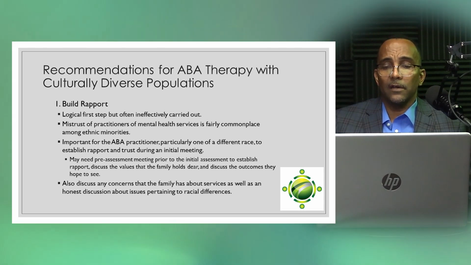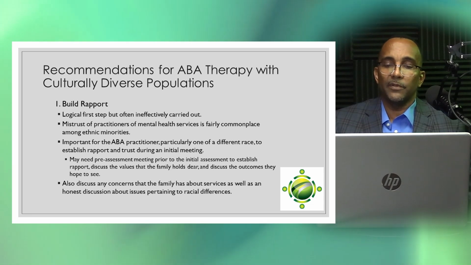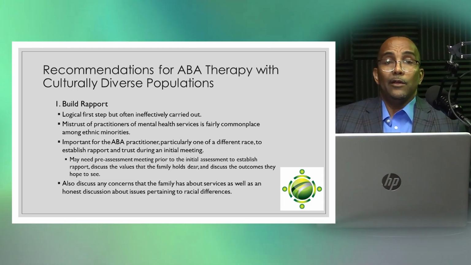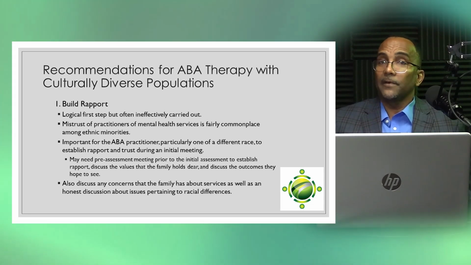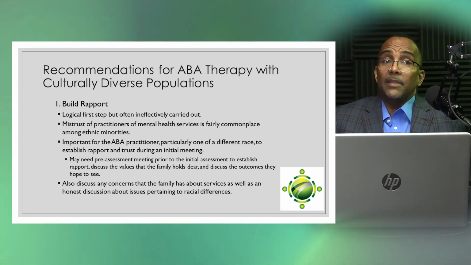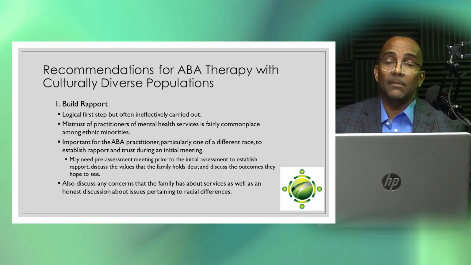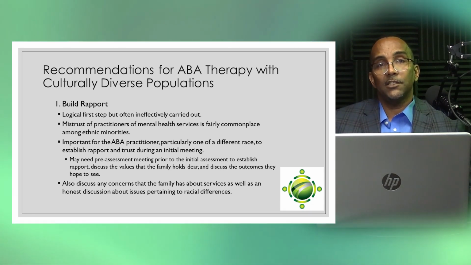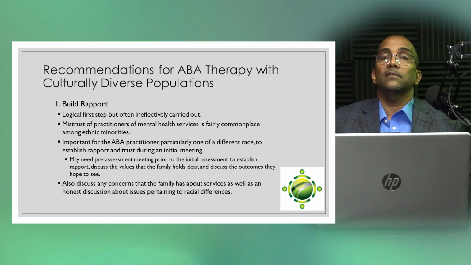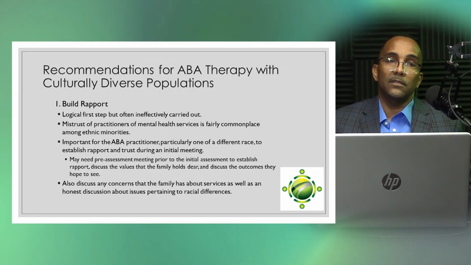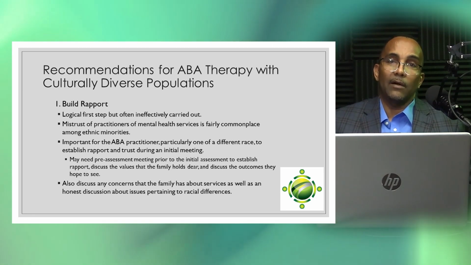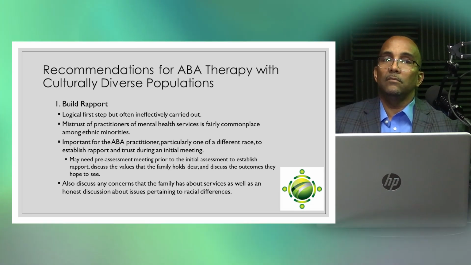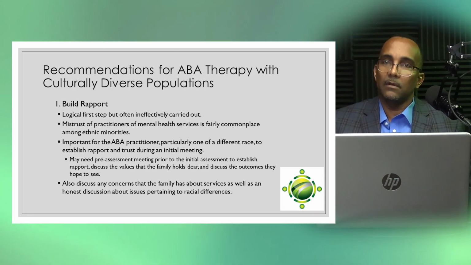Also discuss any concerns that the family has about services, as well as having an honest discussion about issues pertaining to racial differences. We look at each other. We look different. That may be a thing, maybe not necessarily for the practitioner, but for that family member. So have an open and honest conversation about their preferences and about anything we could air out in terms of us being different and maybe looking different.